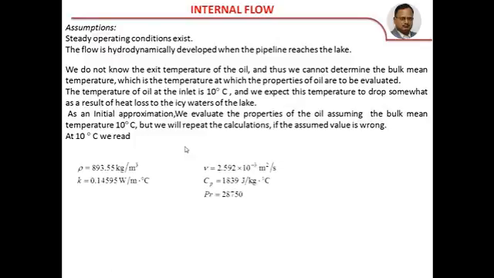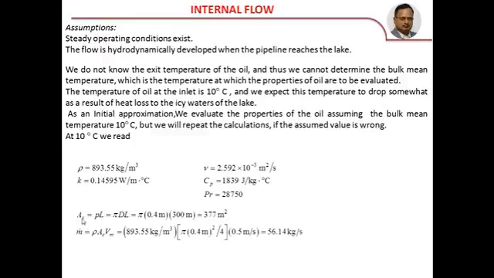So the assumptions are steady operating condition, hydrodynamically developed. Again, in this case also, we don't know the exit temperature. So as a first step, we assume the properties at inlet temperature, that is at 10 degrees centigrade.